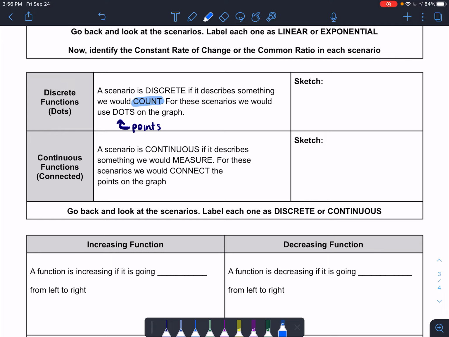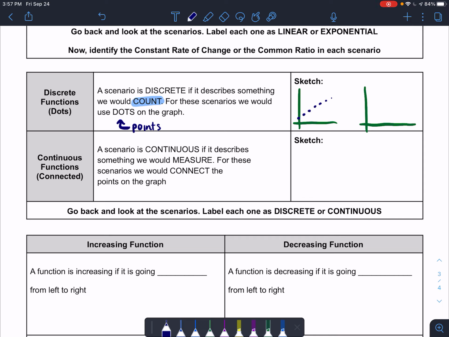And so these things that are countable, you call discrete, and when you graph them, you just leave them as points. So something like, my bad, y'all. Something like this, right?